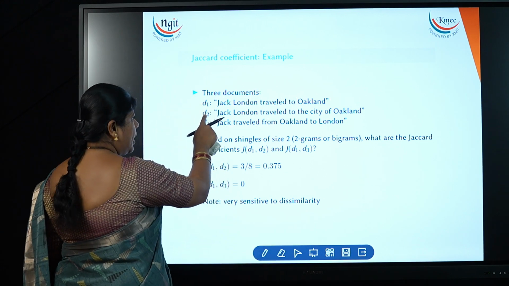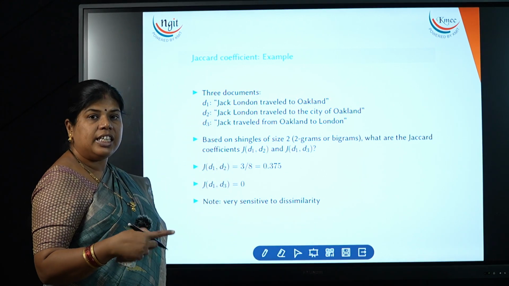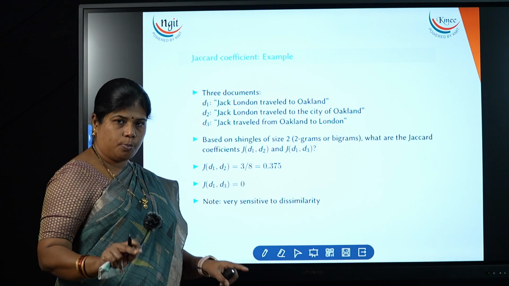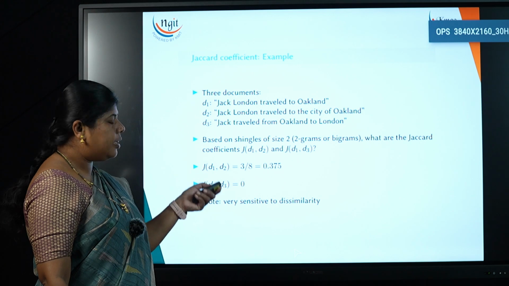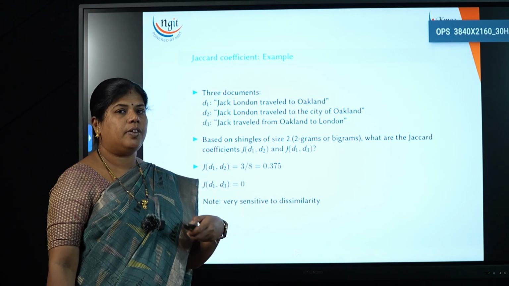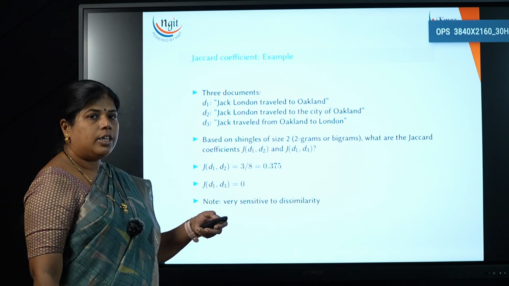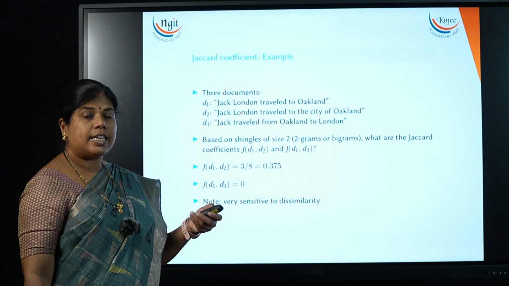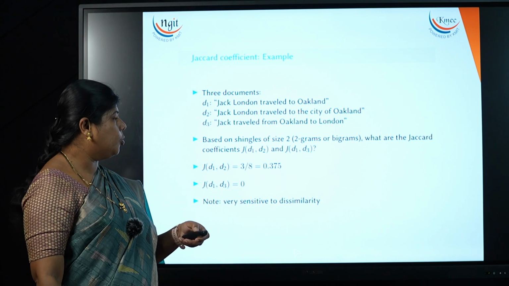D1 and D2 are near duplicates, while D1 and D3 are not duplicates at all. Okay. So like this, as shown in the example, the Jaccard coefficient will help you to find out exact similarity and whether it is an exact duplicate or a near duplicate.